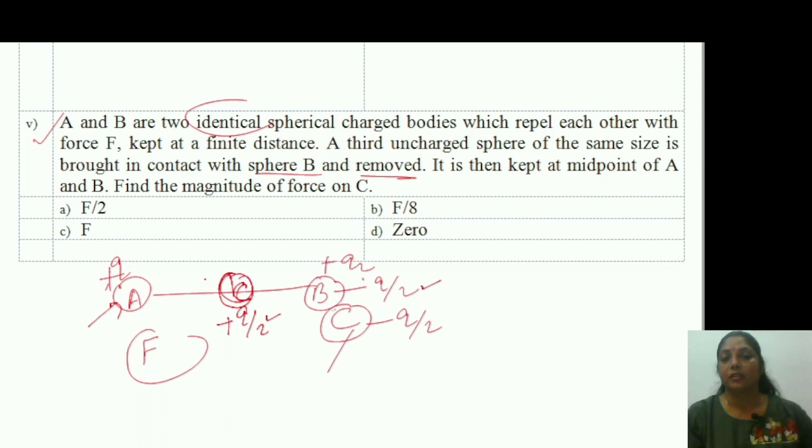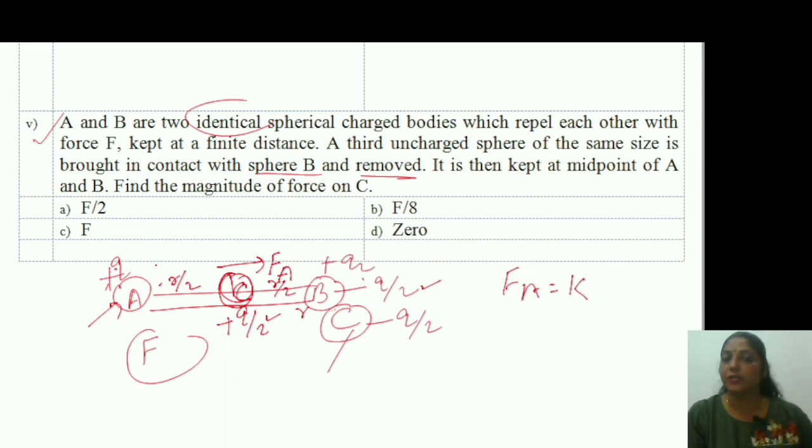So you know force on C due to this A body is what? Both are the same type. The force is in this direction, right? Force due to A. What is its magnitude? K Q1 Q2 by R square. If the distance between the two charges is R, now C is kept at midpoint, so this becomes R by 2 and this side BC also becomes R by 2. Now distance between A and C is R by 2.